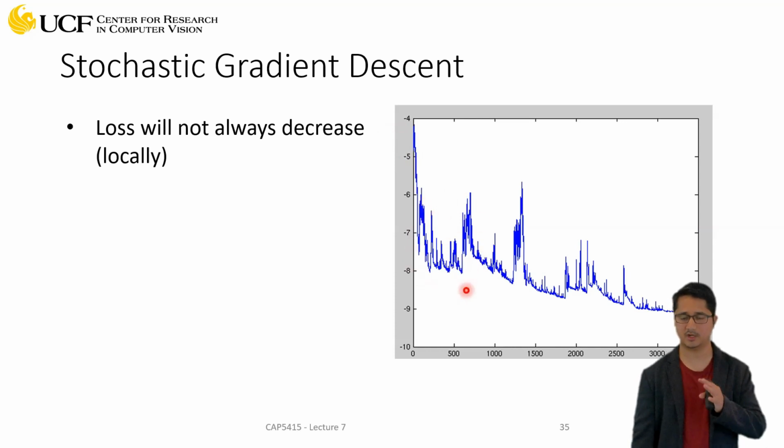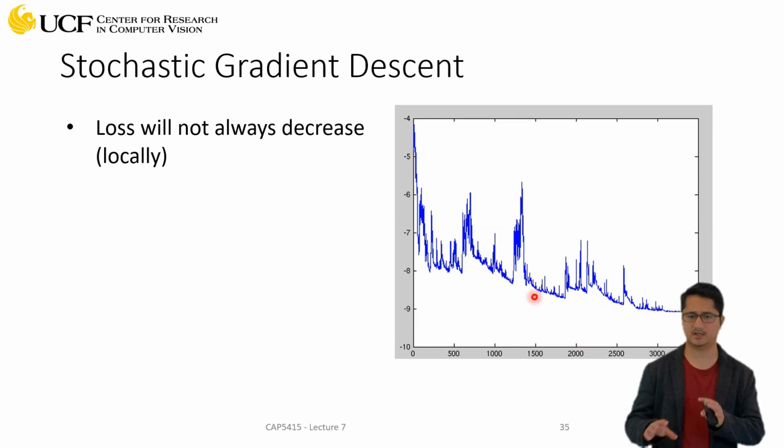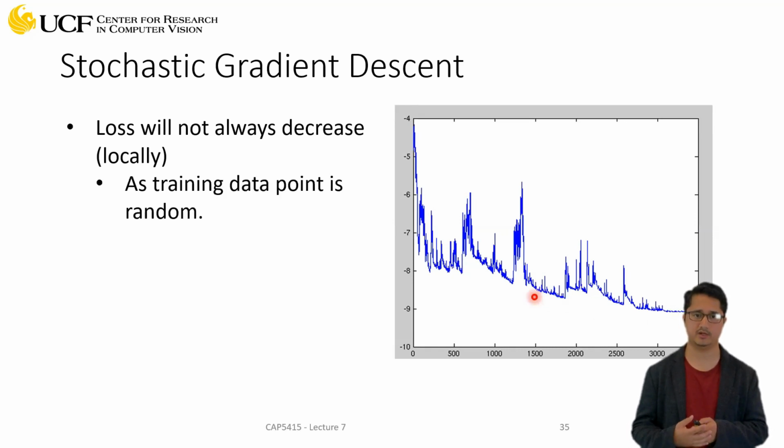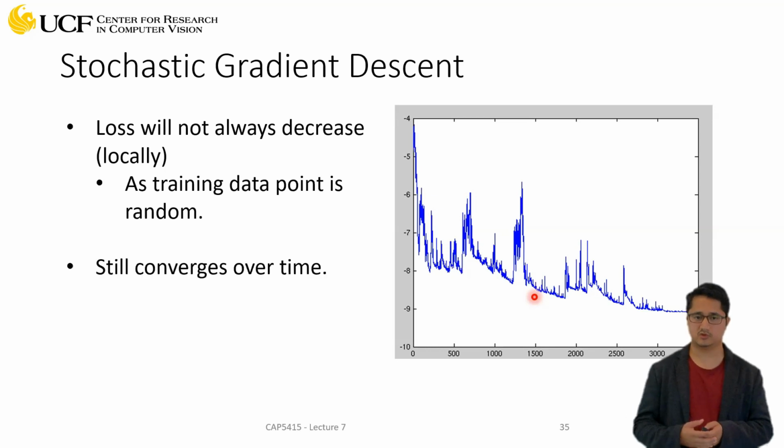So it will have some kind of stochasticity there, but eventually you can look at the overall trend. It's actually reducing, and then it's kind of stable here. So this is a very natural looking loss curve, which you will have to analyze when you train your neural networks. But still I think it will converge over time. That's what I said.